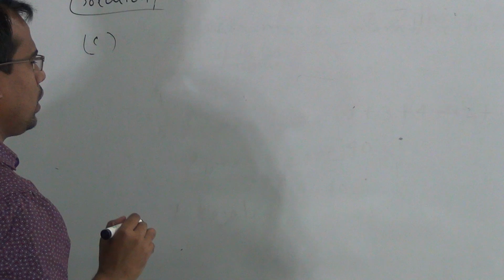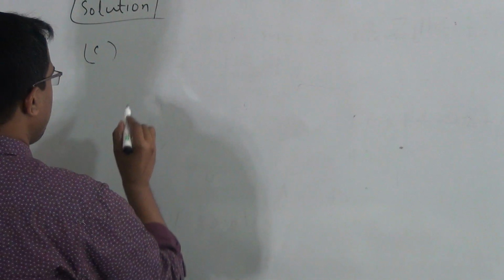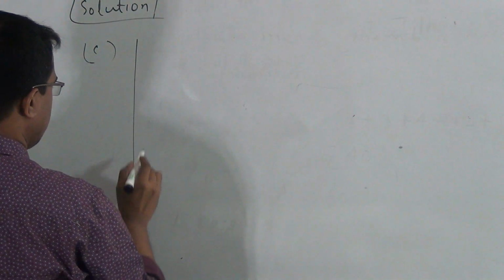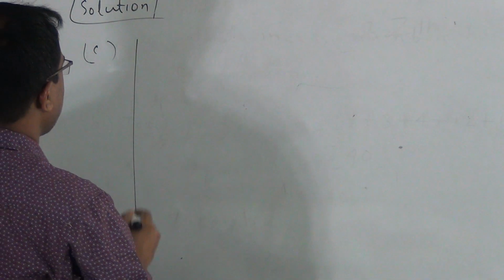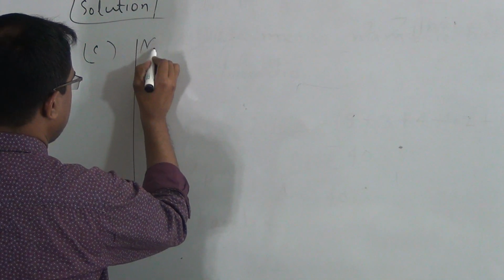In this table we will use a total of 3 columns. One column for name of the professionals.